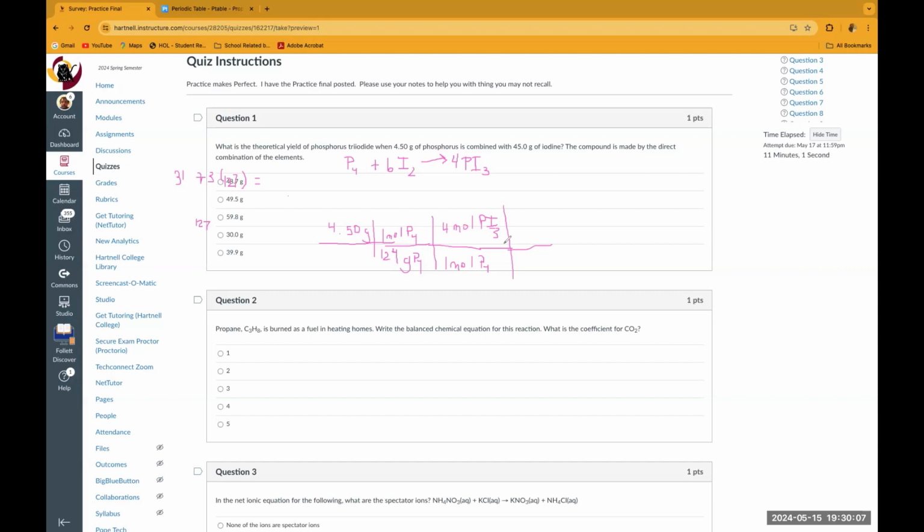So I get 412, 412 grams PI3 for every 1 mole of PI3.